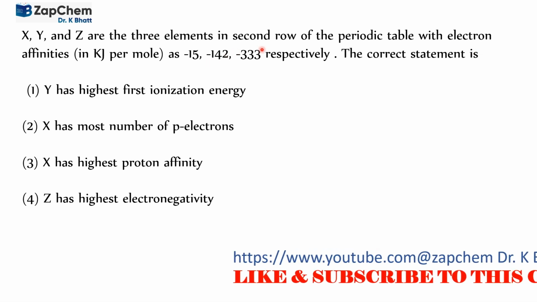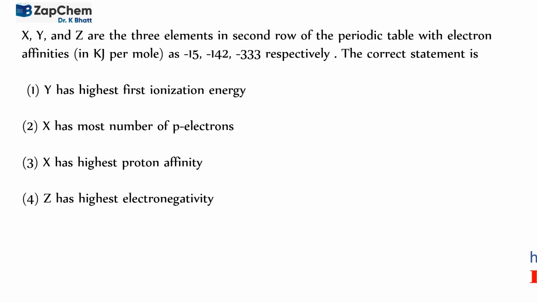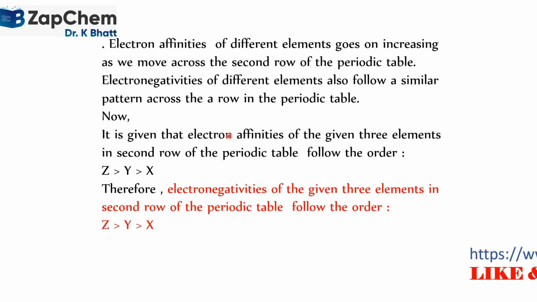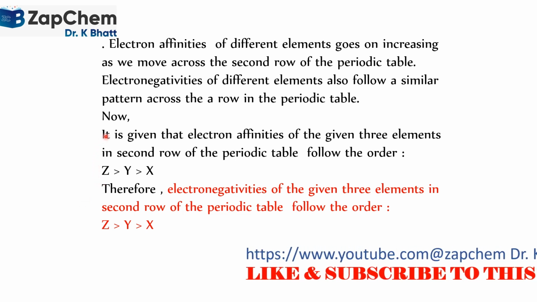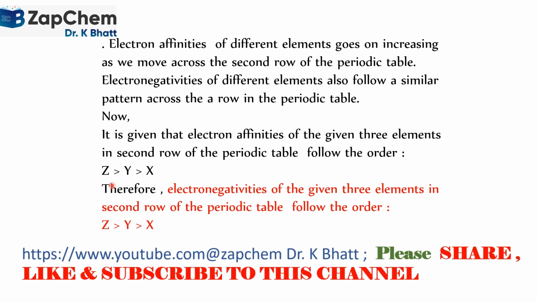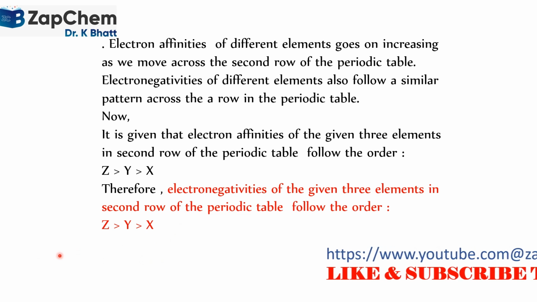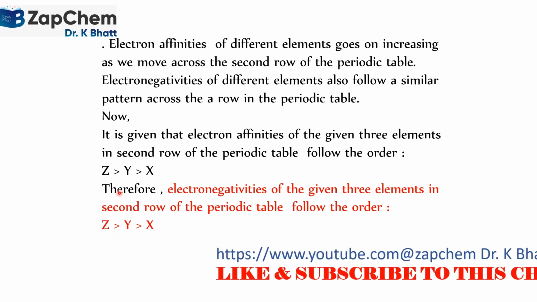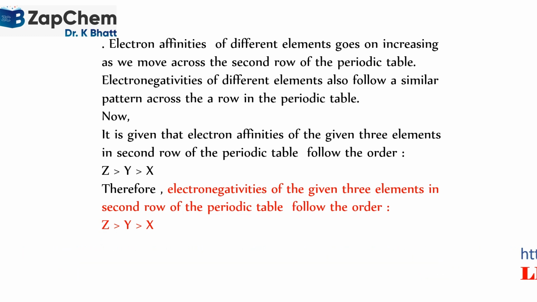So whether it is electron affinity or electronegativity, both of them have the same trend. Therefore, in this case, the given elements X, Y, and Z will follow a trend in terms of electronegativity as well as in terms of electron affinity. That would be Z is greater than Y is greater than X.